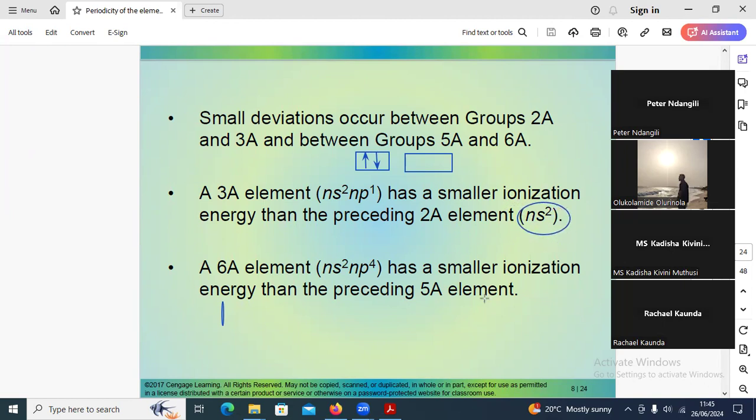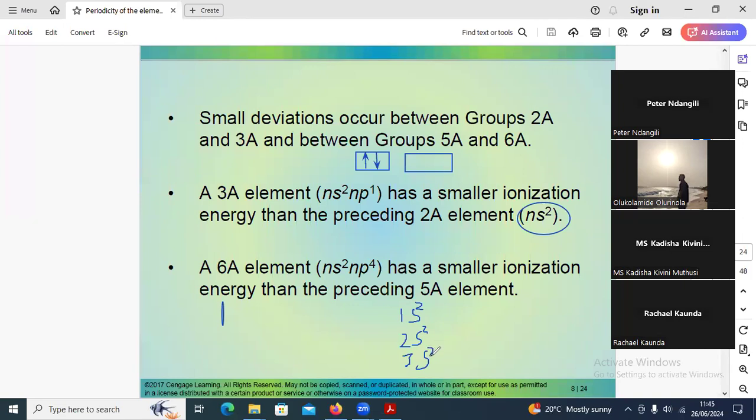Okay? Group 2 elements, we said that they are going to have a configuration of s2. That is 1s2, you are going to have 2s2, 3s2.